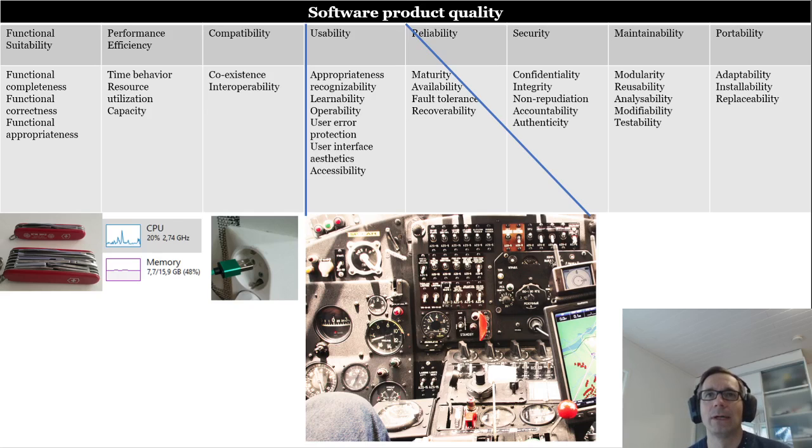But if you are just a regular guy from the street, then from his or her viewpoint, the learnability of this user interface is probably not so great. So one would need to study hours to learn how to operate this. So always when considering usability, you should think, who is the user that you are designing the usability for.